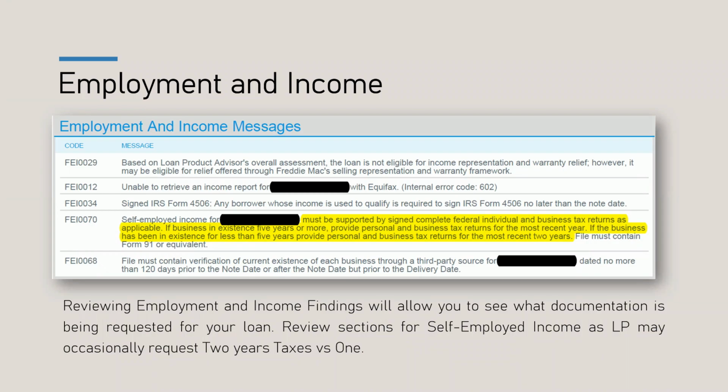So just make sure that you're taking a look at that section under the employment where it says that it must be supported by signed, completed federal taxes for the business returns, if applicable, because sometimes it's Schedule C, so you're not technically going to have 1120s. If the business is in existence for 5 years or more, then you can do the most recent year. If it's in existence for less than 5 years, you are now going to be asked for 2 years. So keep that in mind.